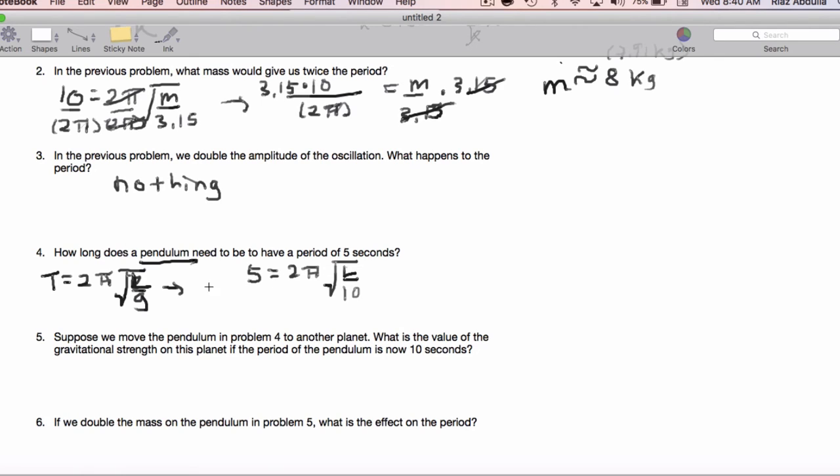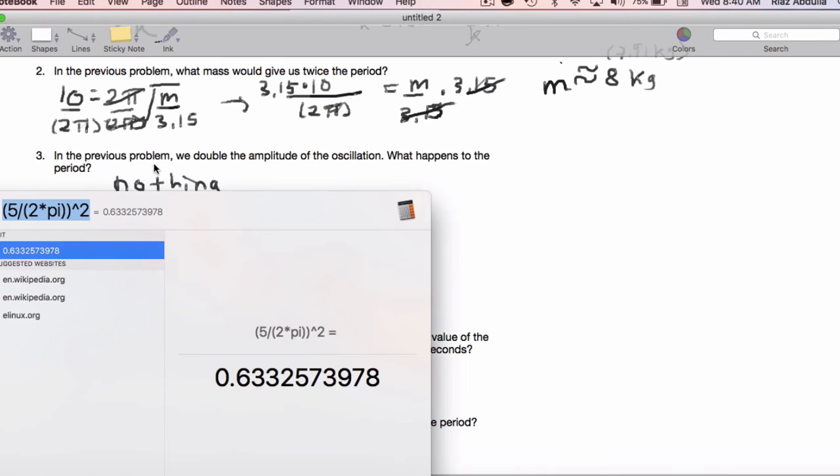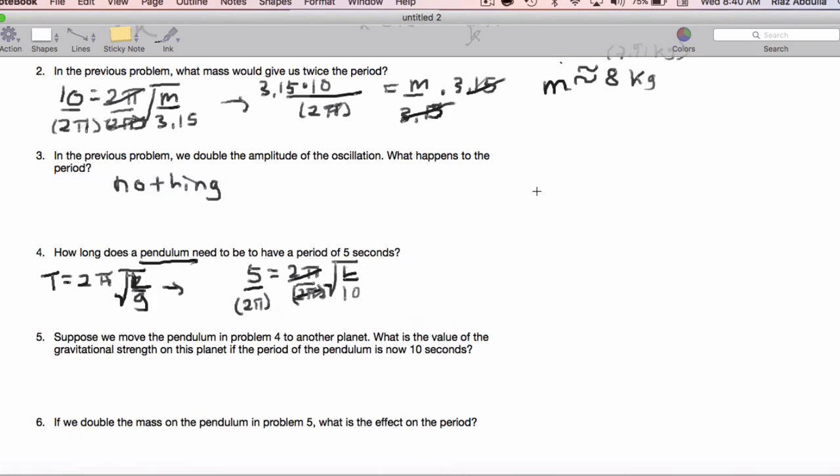Now let's divide both sides by 2 pi. That'll cancel. And so now when I take 5 divided by 2 pi, that's going to give us 0.796 again, equals the square root of L over 10.